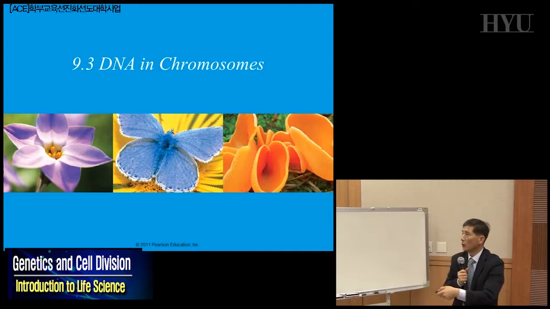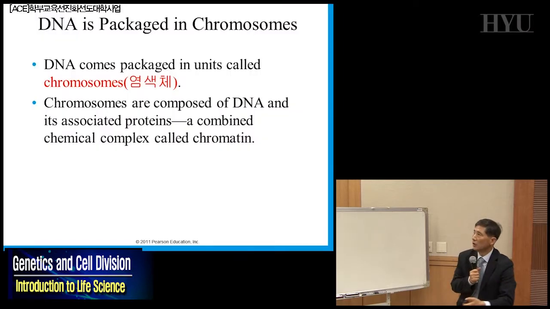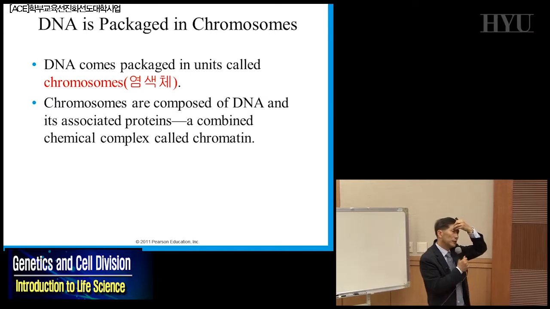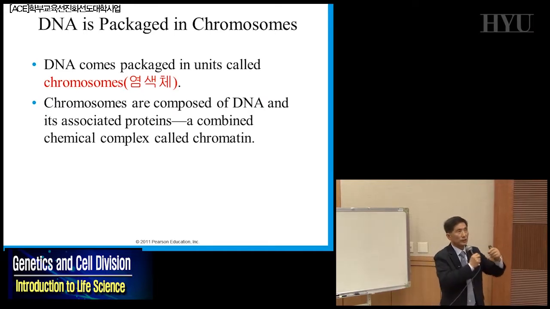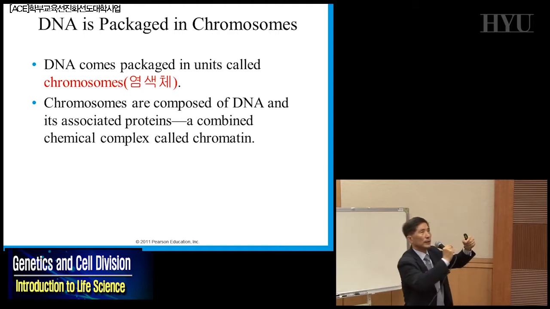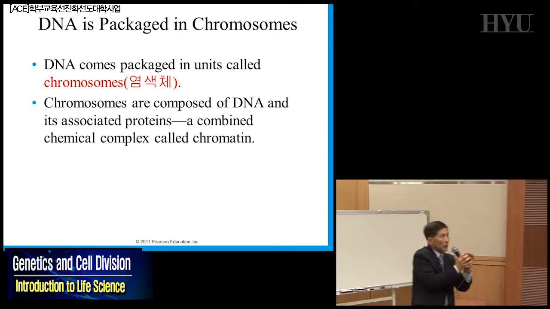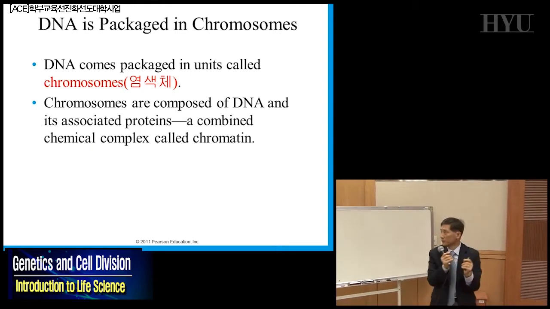That's called a chromosome, 염색체, all right? So DNA comes packaged in units called chromosomes. In other words, if you pull out from a chromosome, eventually it becomes a double helix strand. But somehow you have to pack it, and squeeze it into the nucleus.